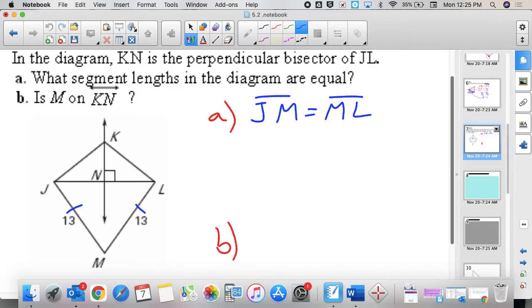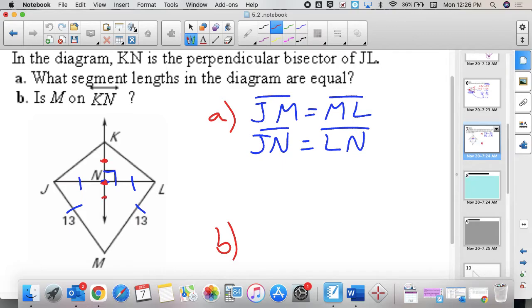If KN is the perpendicular bisector, I see the perpendicular markings there, but it also means that that segment is getting bisected. So JN is equal to LN.